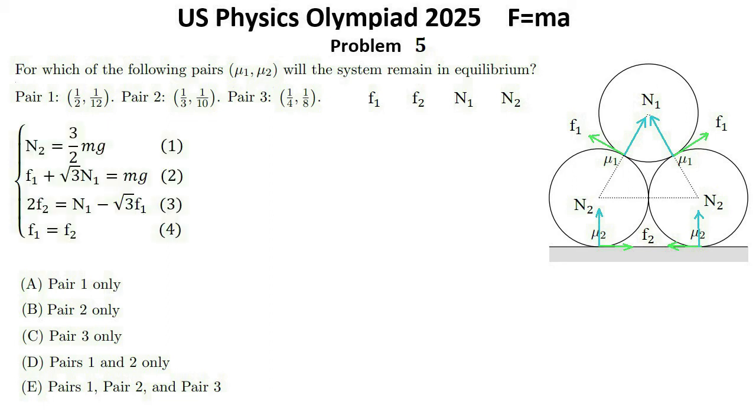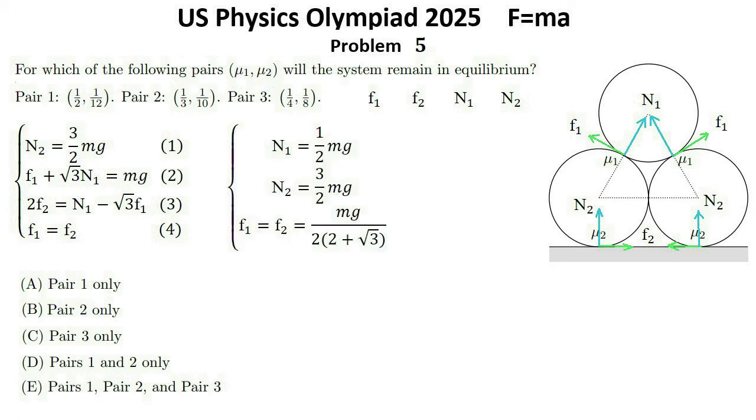The first equation we can get from the total weight acting on cylinders from the ground. The second equation we can get from the projection of force of friction F1 and normal force N1 on the vertical axis. The third equation is the projection of friction forces F1, F2, and normal force N1 on the horizontal axis. Equation 4 we will get from total torques acting on the cylinders from friction forces F1 and F2.